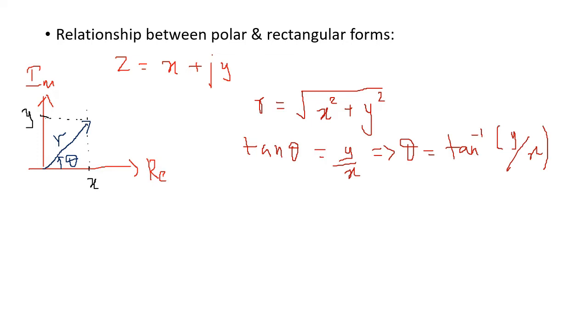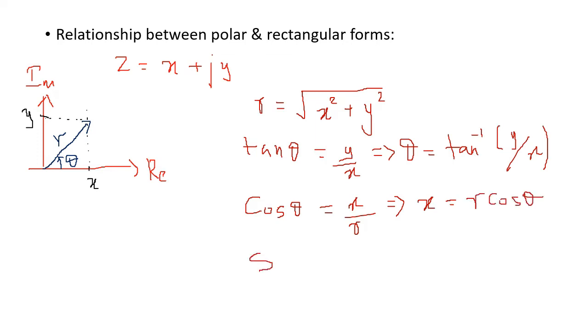Now from this triangle we can find cos theta also. The cos theta will be x over r. From this equation we can find the value for x. So x will be r into cos theta.